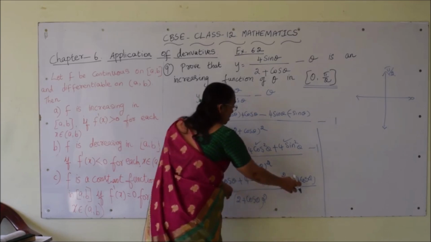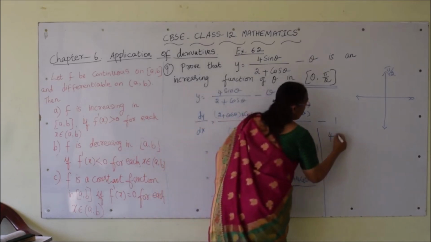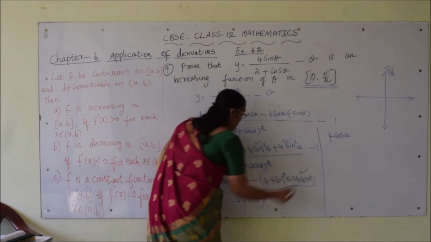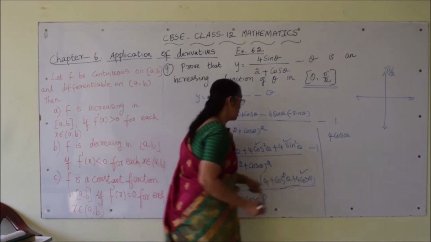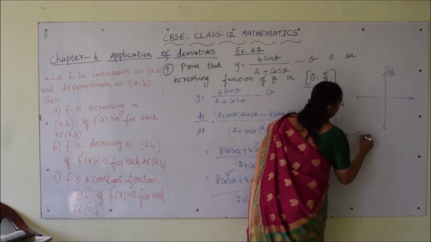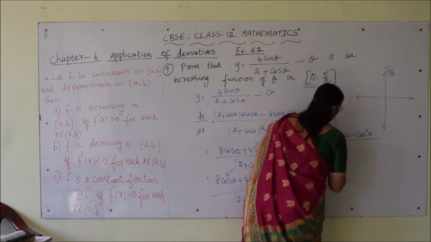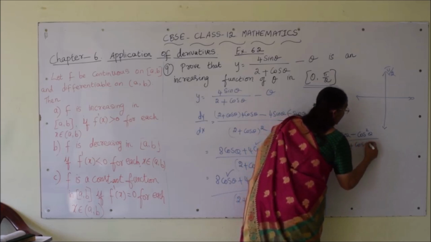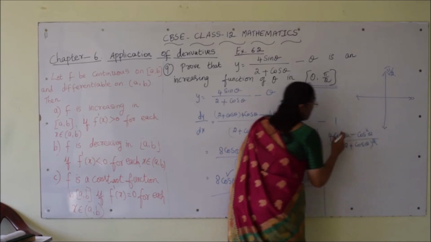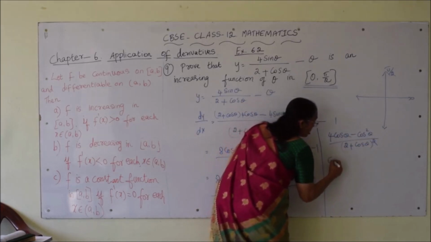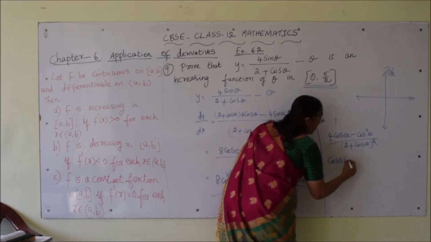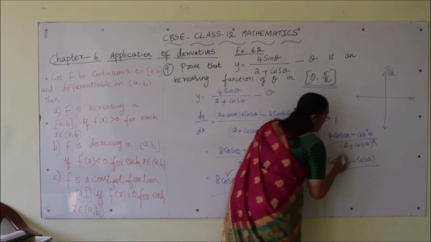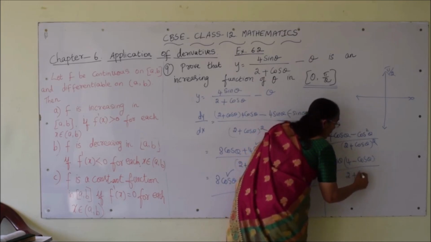So 4 cos theta minus cos square theta, and the denominator is as usual 2 plus cos theta whole square. Now the numerator can still be simplified as we can take cos theta common outside. We will have cos theta into 4 minus cos theta, divided by 2 plus cos theta whole square.